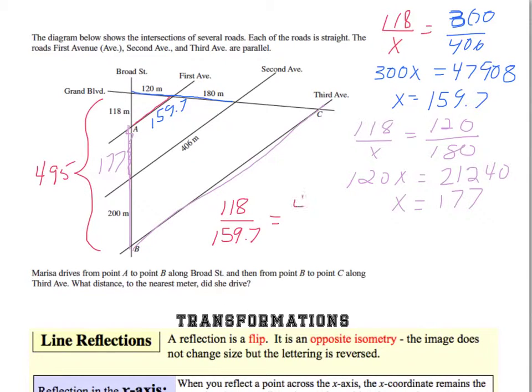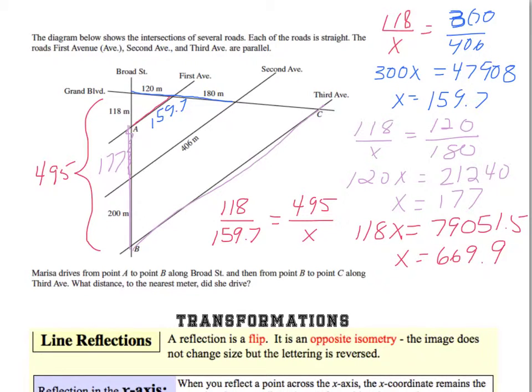So that's 495 over BC, and I cross multiply here, and divide by 118. So I get 669.9.